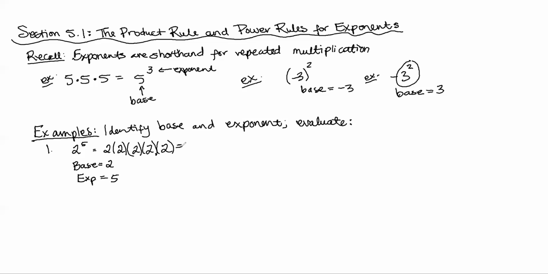If we multiply 2 times itself 5 times, 2 times 2 is 4, times 2 is 8, times 2 is 16, times 2 is 32. So remember, you're always multiplying whatever you get from the previous multiplication by another 2. Make sure you're not just doing 2 times 5 and getting 10.